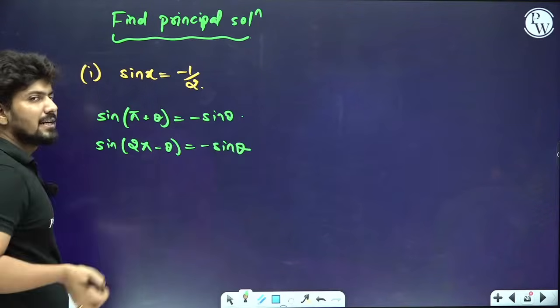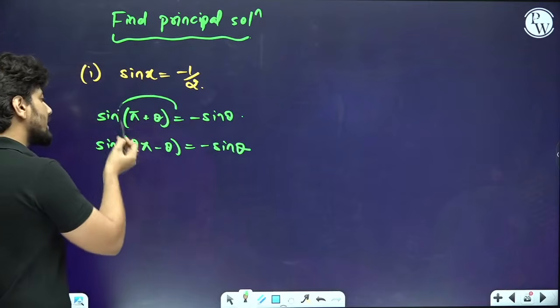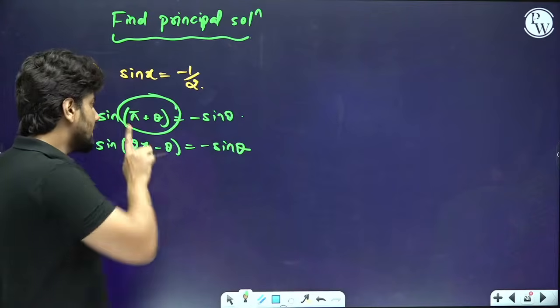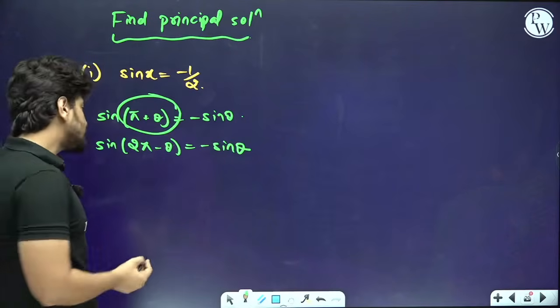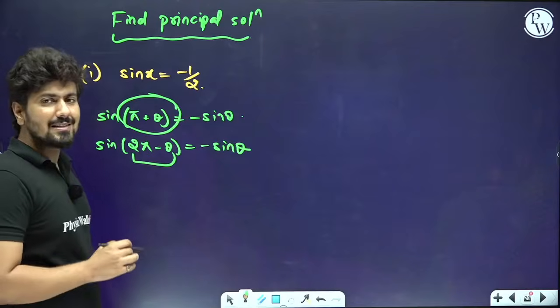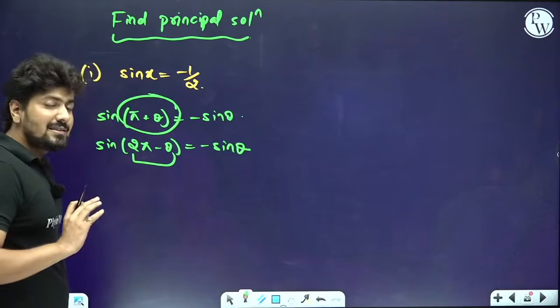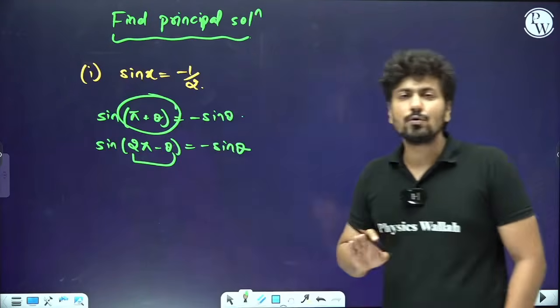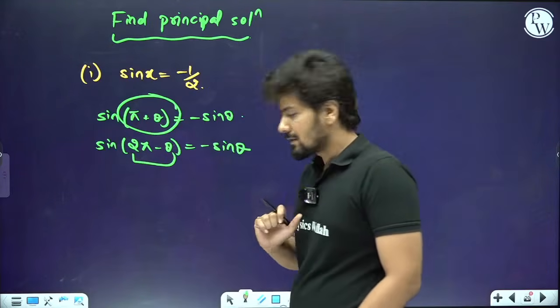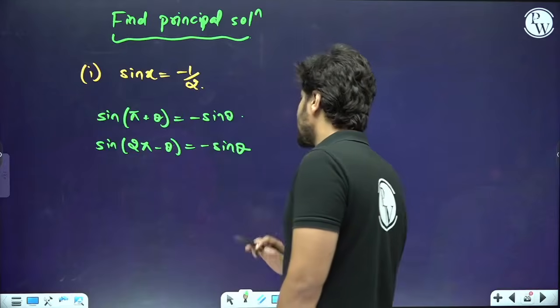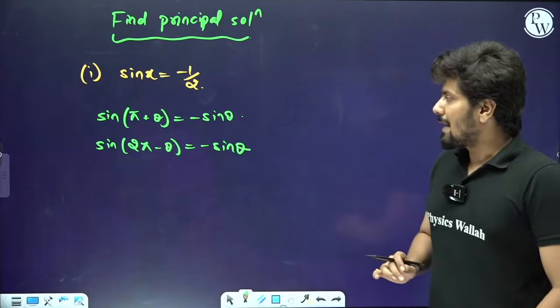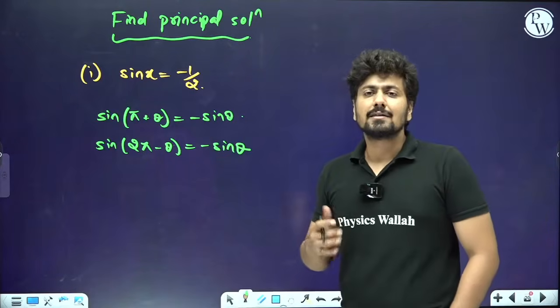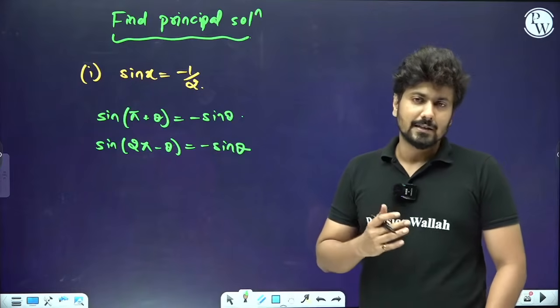Sine of pi plus theta is equal to minus sine theta because this is an angle of the third quadrant. Here sine will give you negative values. Sine of 2 pi minus theta, 2 pi minus theta is an angle in the fourth quadrant. Here again sine will give you negative values, correct? So sine of pi plus theta, as we know, is equal to minus sine theta.